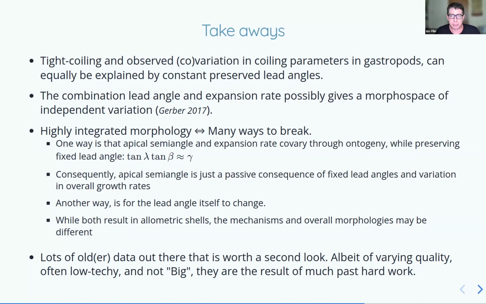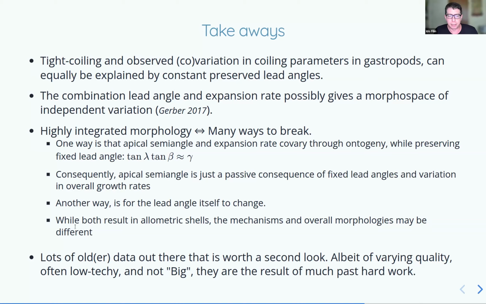One way, suggested very much by the data, is that lead angle is fixed, but expansion rate changes, growth changes ontogenetically, geographically, and the apical angle is just dragging along as a passive consequence. Another way to change is, of course, for the lead angle to change itself.